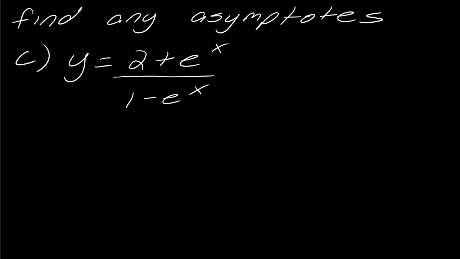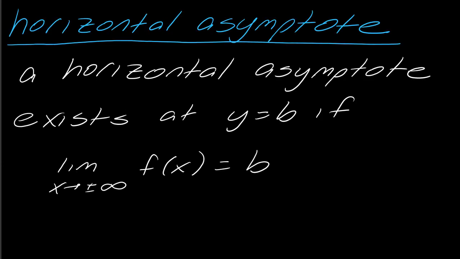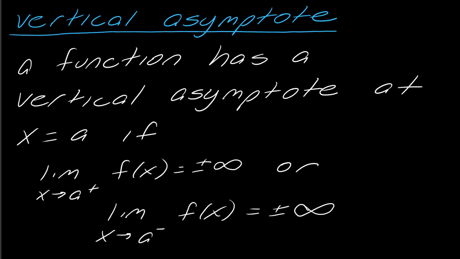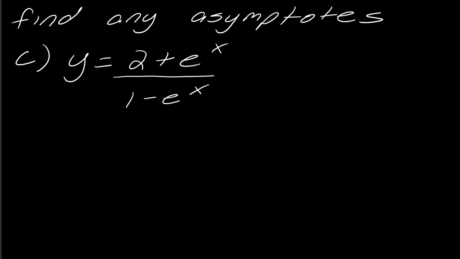So for C here, just like you do with the other two problems, you have to use the definitions of horizontal and vertical asymptotes to help answer this question. So you want to use calculus to back up your answer. In looking at this, are there any values that would make a 0 in the denominator? So yes, if we had 0, then we would have a 0 in the denominator.